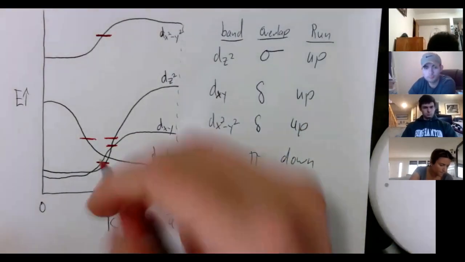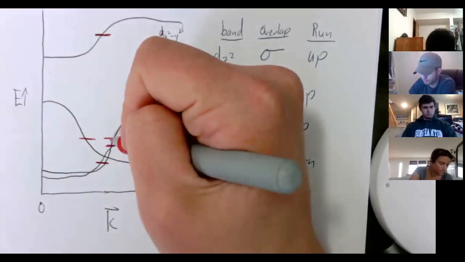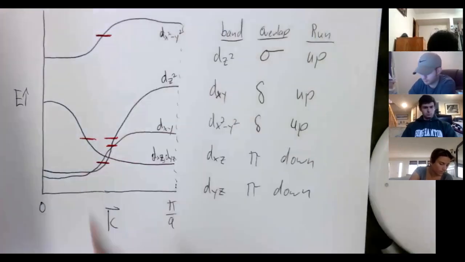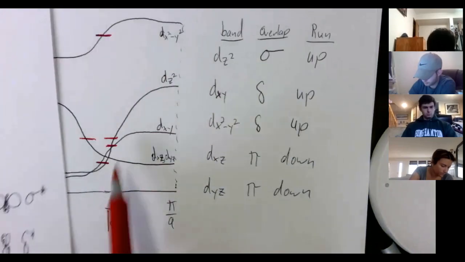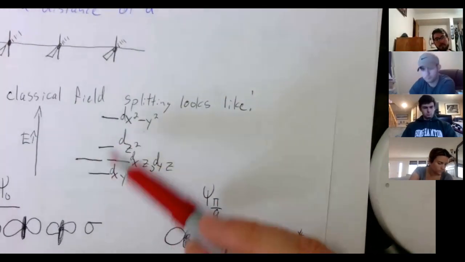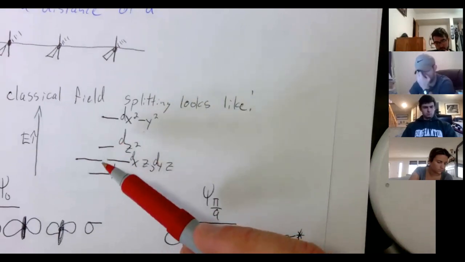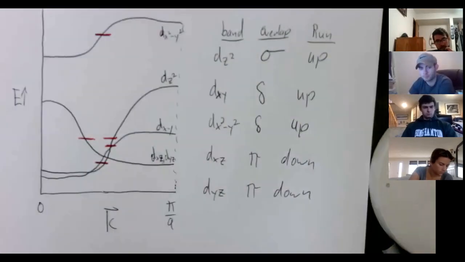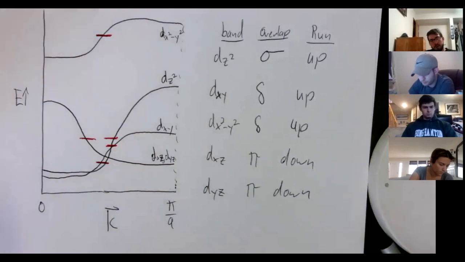If you look at where the center of these bands are, they should line up approximately with this molecular orbital diagram. Cool. Are there any questions about that?